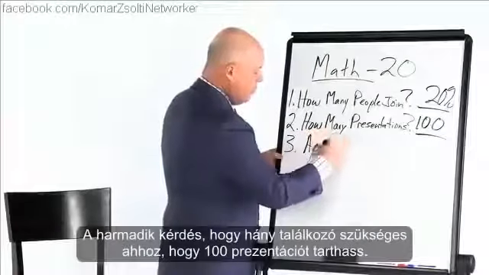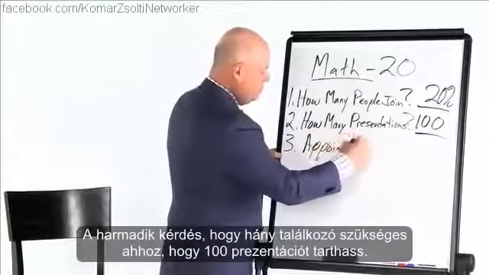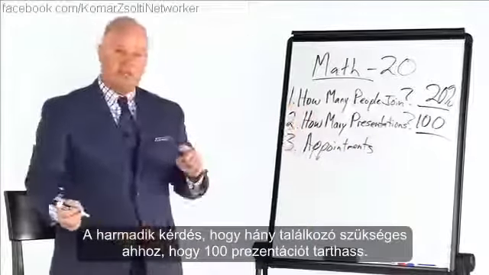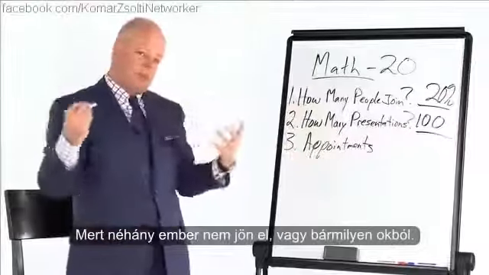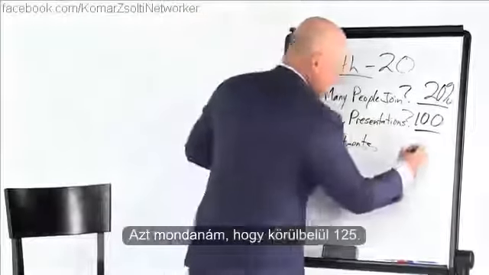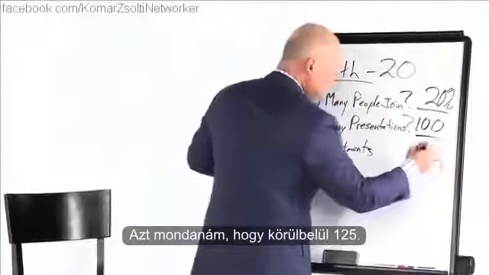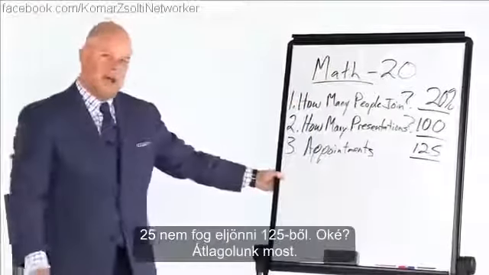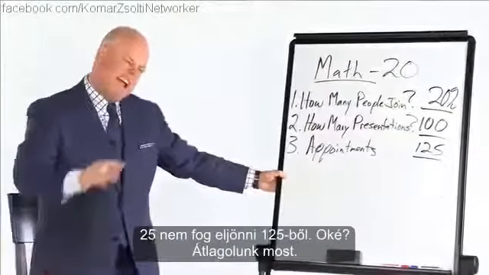Third question is how many appointments do you need to make in order to do 100 presentations? Because some people won't show up for whatever reason. I would say about, let's call it 125. 25 no-shows out of 125. Okay? Averaging now.